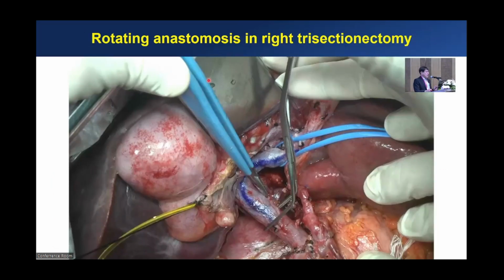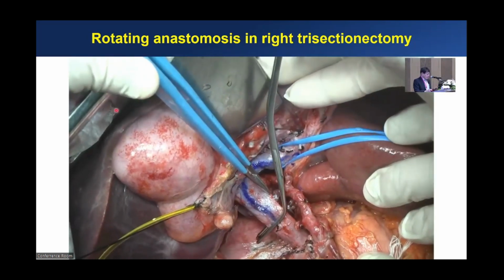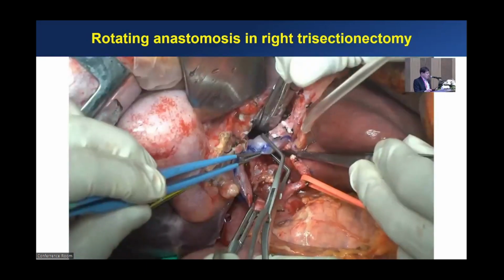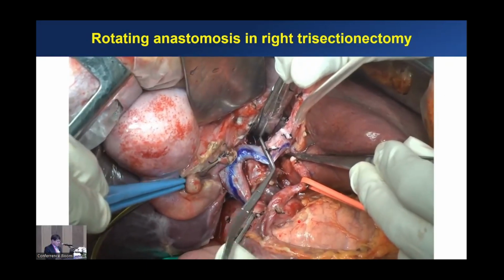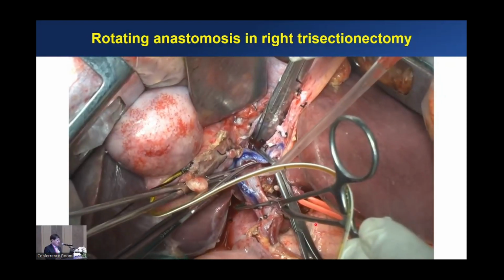So this is the re-anastomosis case. This is another basic technique in our Nagoya University Hospital: rotating anastomosis. Place the vascular clamp and cut.